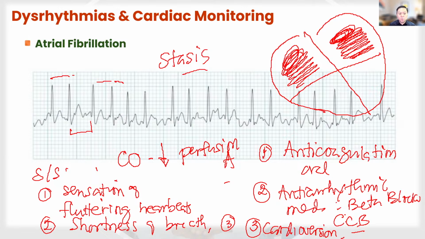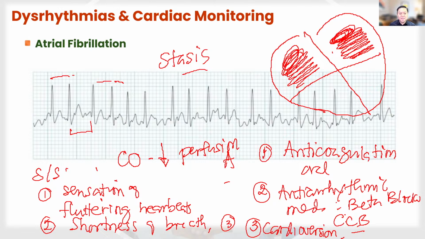And with the risk that they're going to develop clots, we're going to have to treat this patient with anticoagulation. We're going to treat them with antiarrhythmic meds, such as the beta blocker or the calcium channel blocker. Or we're going to have to restart the patient's heart with cardioversion.